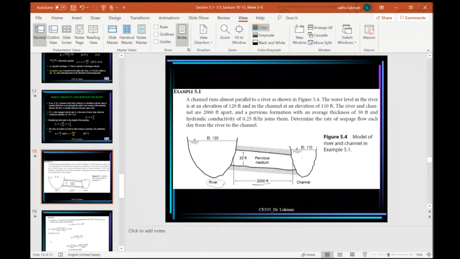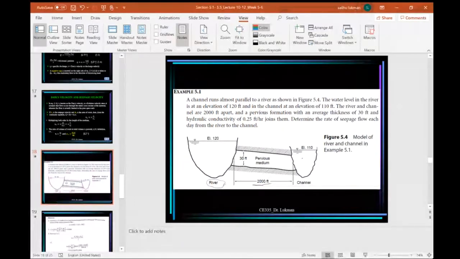And a pervious formation. Pervious means water can pass through it. Semi-impervious means it partially allows water to pass through, but not all the time. Impervious or impermeable means it does not allow water to pass through at all.